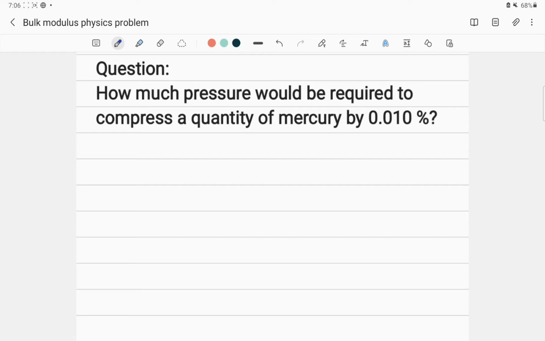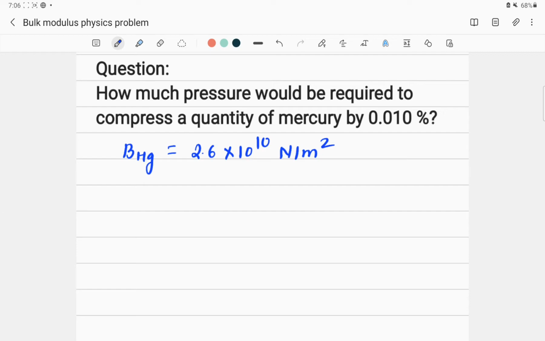Okay, we should know the bulk modulus of mercury. The bulk modulus of Hg, which is mercury, is 2.6 × 10^10 newton per meter square. I can use this data later.